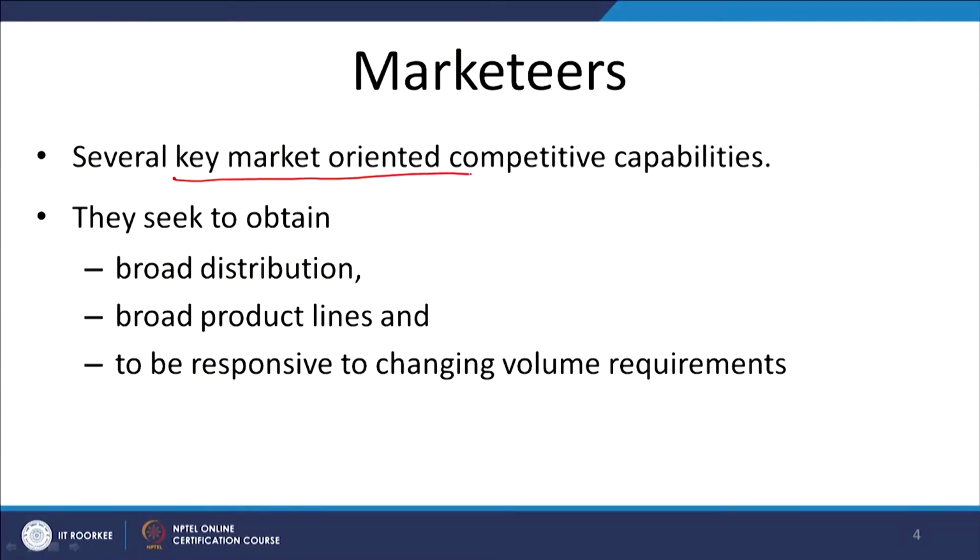So they have key market-oriented competitive abilities, and according to changes in the market, they keep trying to develop or acquire new capabilities, because the market is a very dynamic phenomenon. Customers' requirements are changing at a very fast rate, and if you are a marketeer type of organization, you continuously need to evolve.